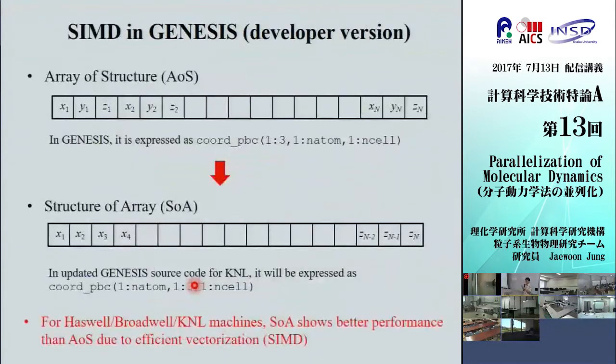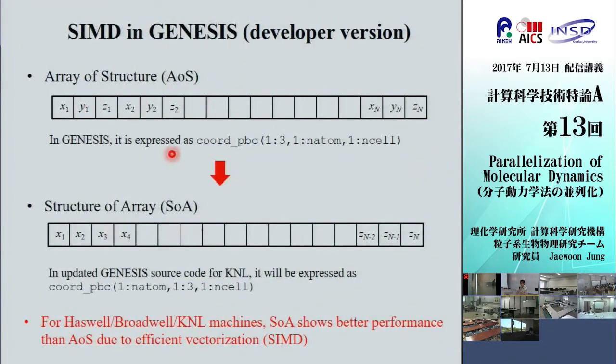And also, I'll just briefly explain how to increase SIMD in the GENESIS kernel, in particular for Intel CPUs. One of the simple ways is to change the array structure, from array of structure to structure of array.